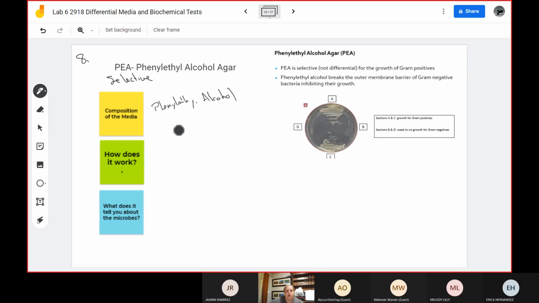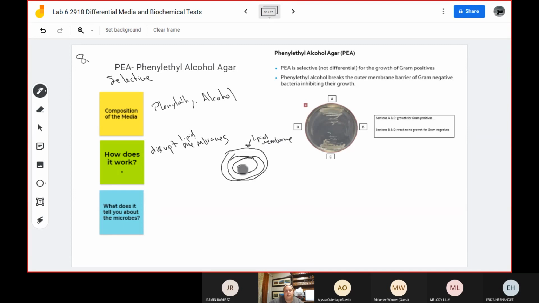Phenylethyl alcohol, because it's an alcohol, will disrupt membranes, lipid membranes. So think in your gram stain, you use the gram's alcohol, and it washes that outer membrane off of your gram-negative bacteria. So our little gram-negative bacteria have that inner thin peptidoglycan layer, and then they have that outer lipid membrane.